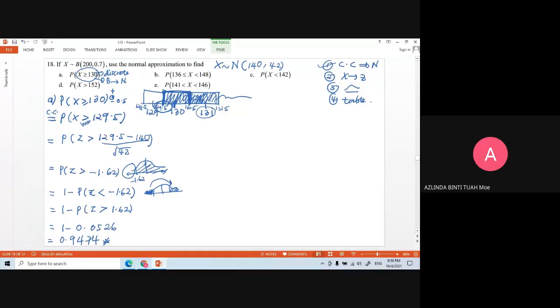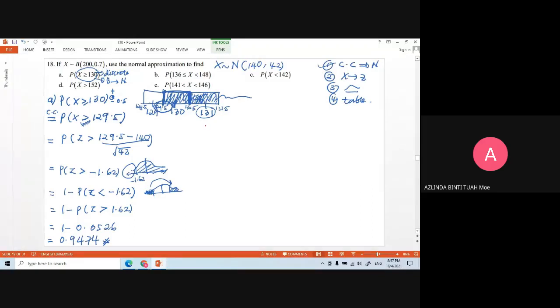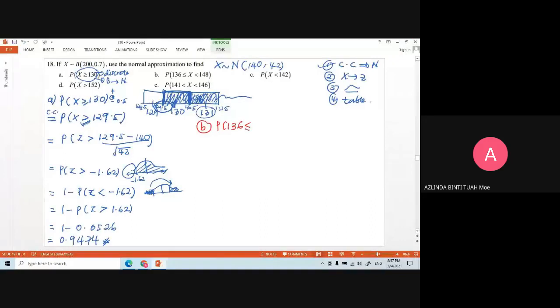Okay, welcome. Soalan 18B, probability 136 included until 148 excluded. We move on to CP21, Maliani. Ada Mal?